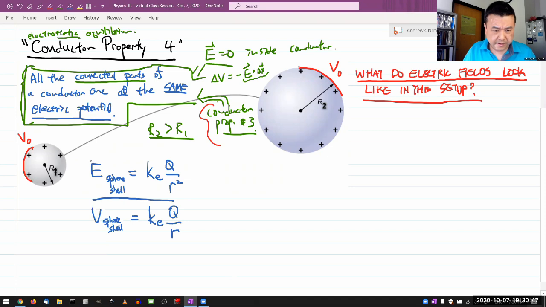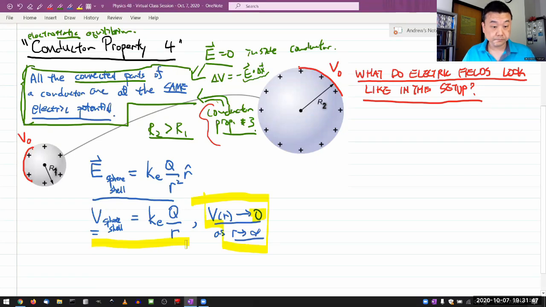And there's a slight distinction between the two: whereas the electric field is a vector quantity, voltage or electric potential is a scalar quantity. It's like energy, it doesn't have direction. And this particular expression depends on this convention, which is that voltage as a function of R goes to 0 as R goes to infinity.